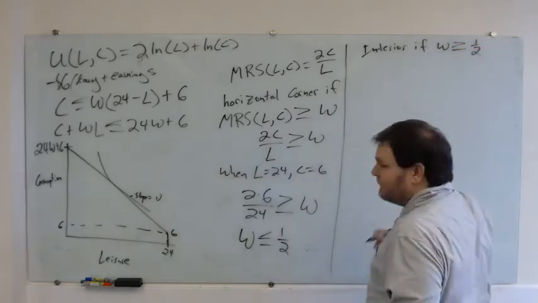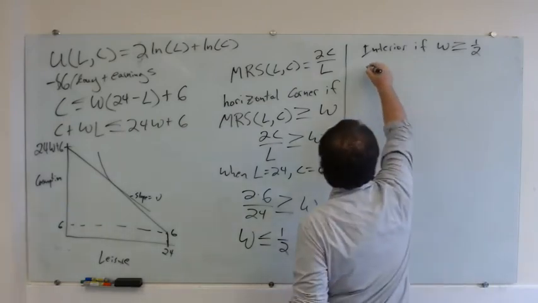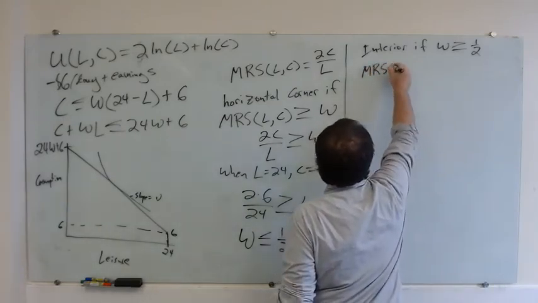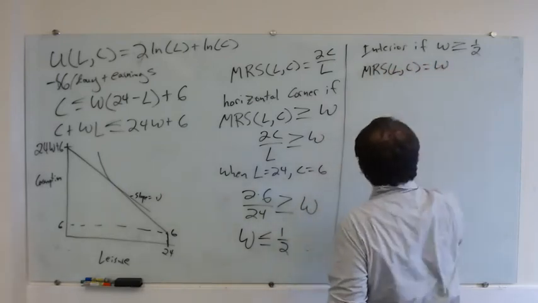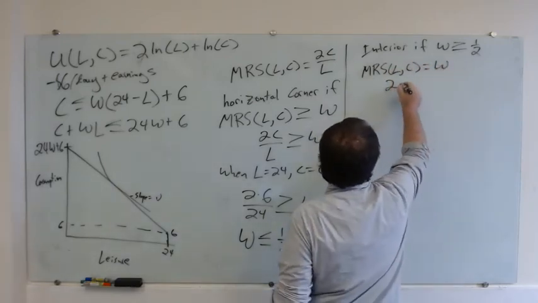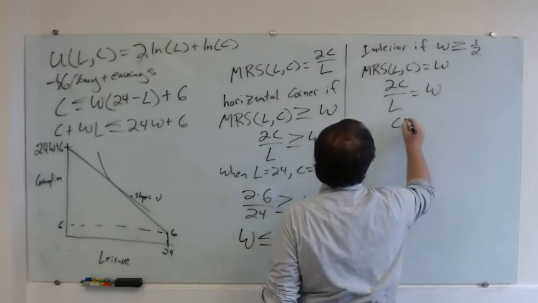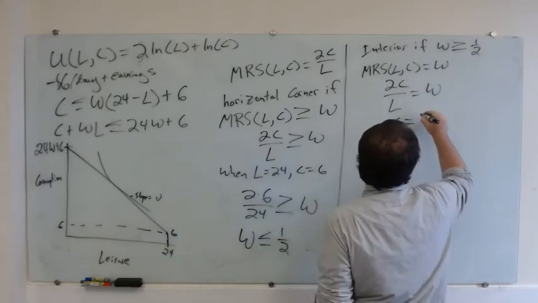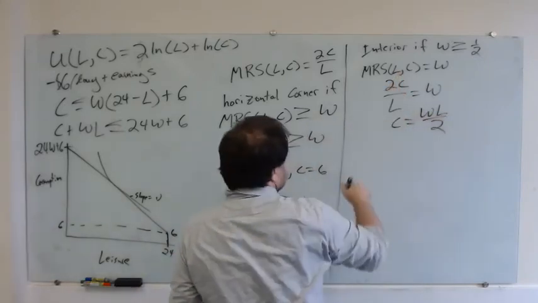In order to have an interior solution, I need to have my MRS equal to the price ratio, which is just the wage, right? So 2C over L equals W. Let's say C then is going to equal WL over 2, right? Plug this into my budget constraint.